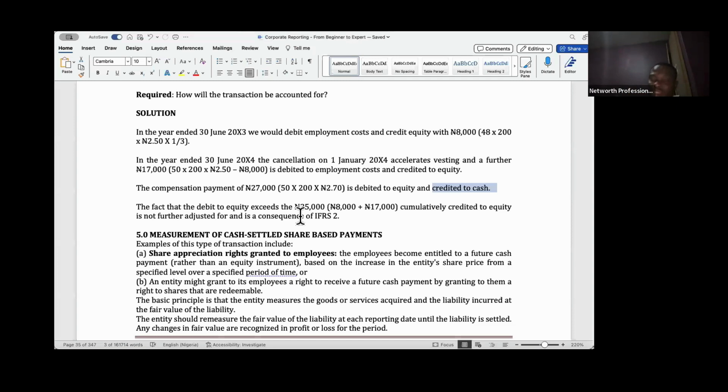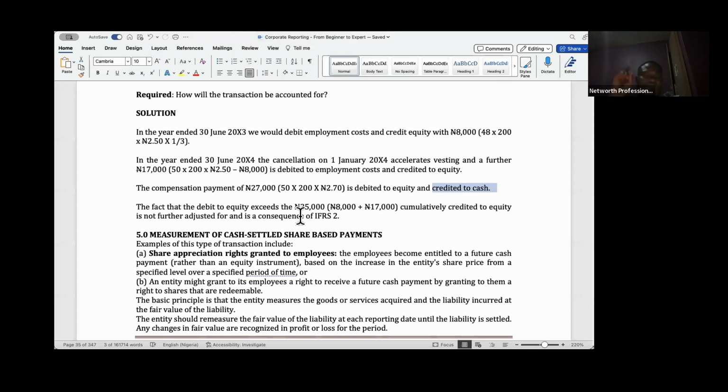Because this is a liability, we will have to measure it at what is happening at that year end. This is different from equity reserve, where we're measuring it at the fair value of the share option at the grant date. This one, that is a liability, is going to be measured at the fair value of the share option at the reporting dates, at the end of each year.